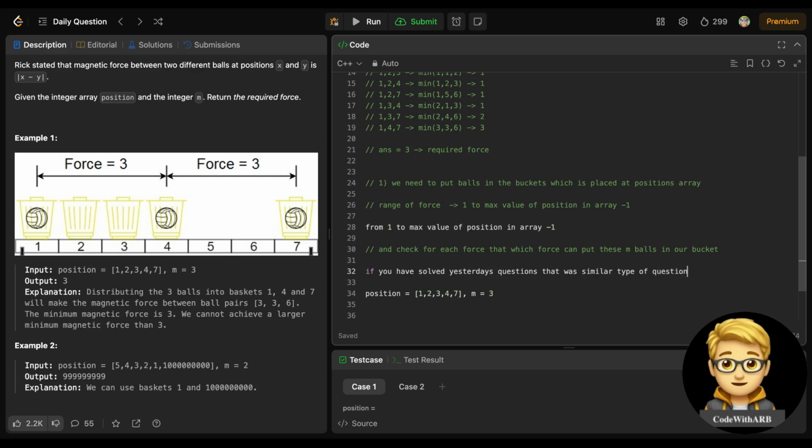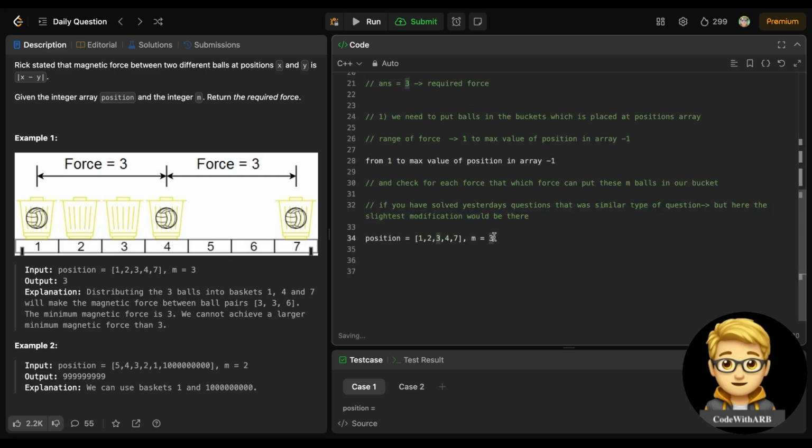But here there is a slight modification. If you have solved the previous question, you must attempt this question, right? Just think of the previous problem and solve this right now, if you solved it correctly yesterday.